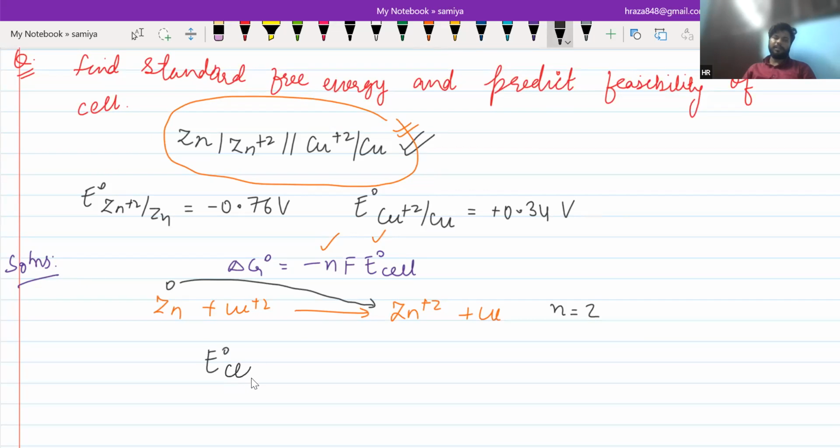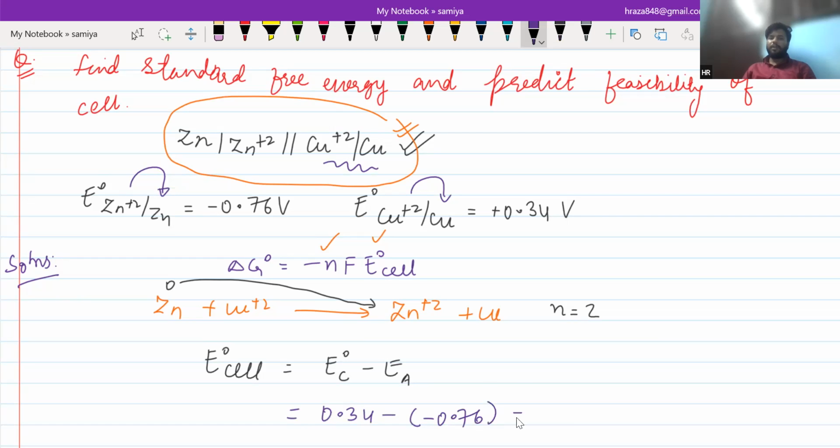Now what about E naught? E naught cell we can easily find out. That is E naught cathode minus E naught anode, of reduction potential. Cathode has a reduction potential of 0.34 volt, minus E naught anode, which is minus 0.76. So it is approximately plus 1.10 volt. Now putting the value, delta G will be equal to minus n, that means 2 into 96,500 into 1.10.